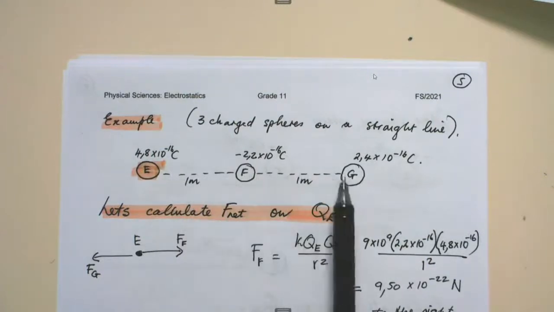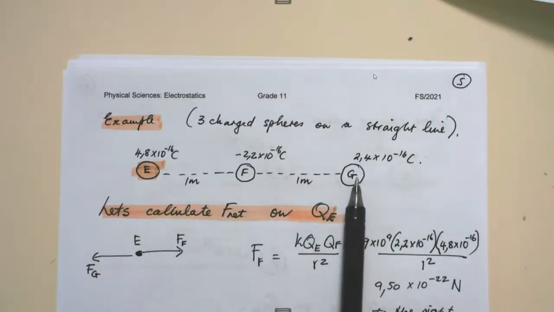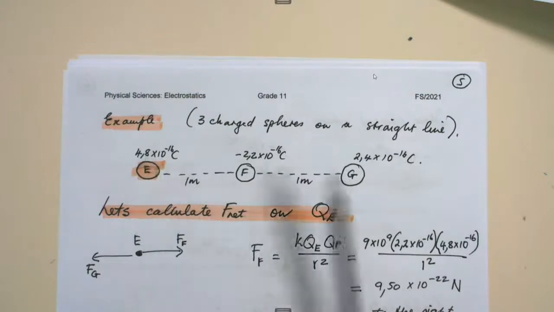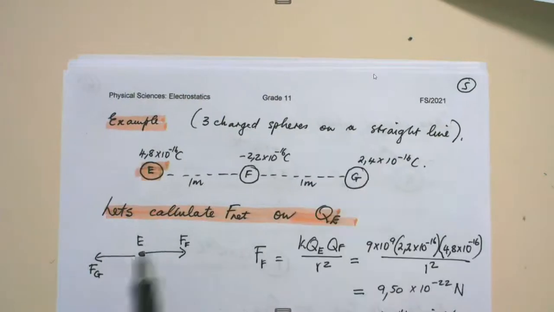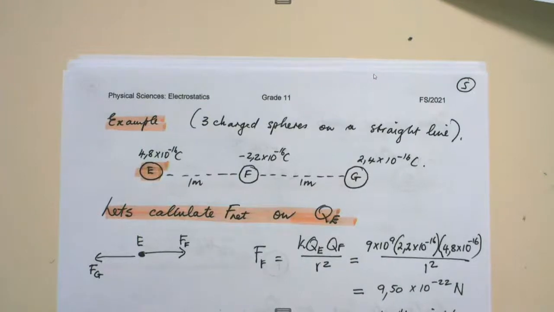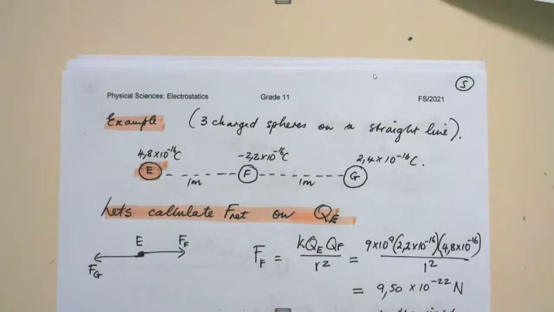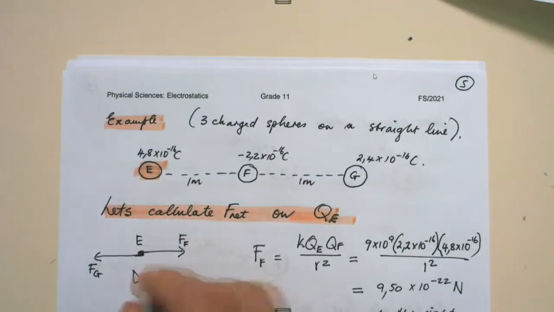And now there's another charge which is G, and it's positive and positive, so the two of them will repel one another. So on E there will be a force because of G. That's just the way I like to write it, and that force will be to the left. When you draw a force diagram, make sure that you start from that dot. So these are the two force directions that will be acting on E.